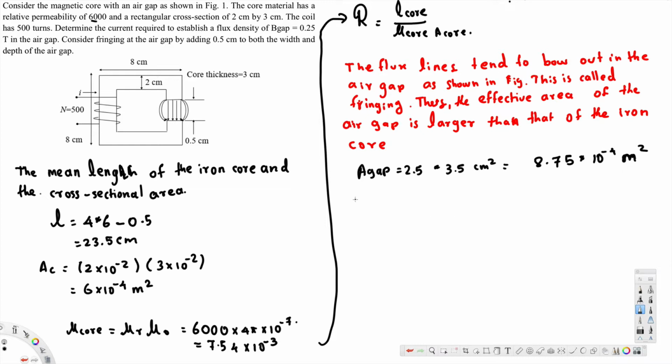now we are going to calculate the mu gap. Mu gap is basically the mu naught, because in the air it's always mu naught, 4π times 10 to the power of minus 7. Now the next thing is we are going to calculate the reluctance of the air gap. Reluctance of the air gap is, instead of L core we put L gap, and mu gap times A gap.